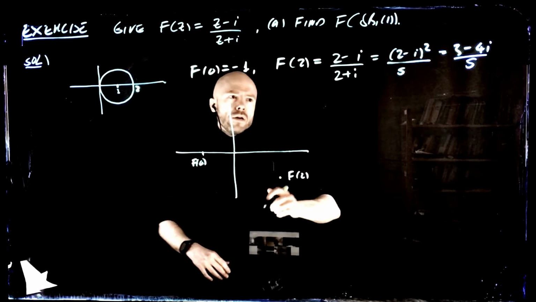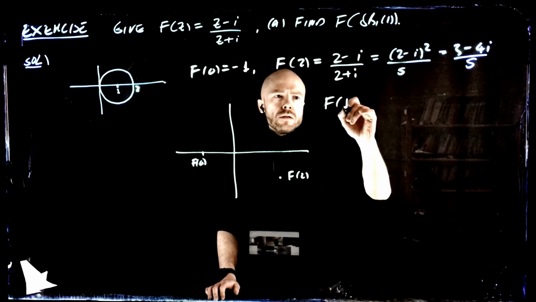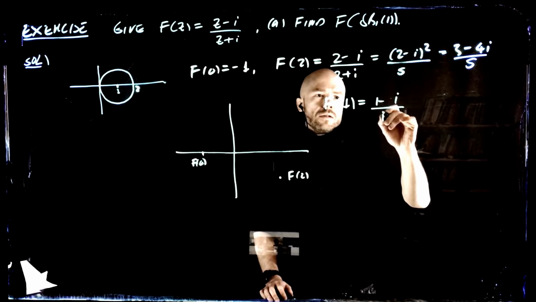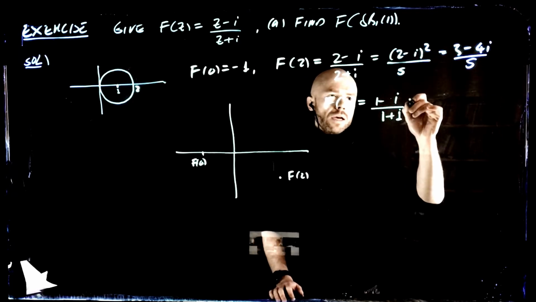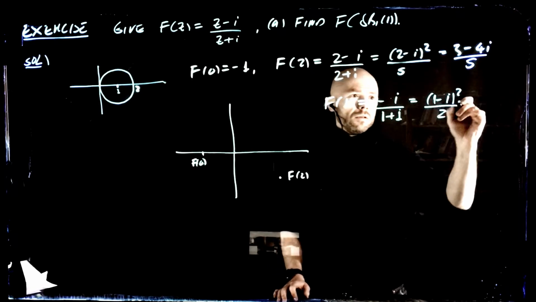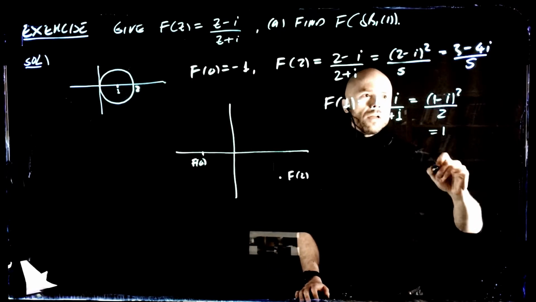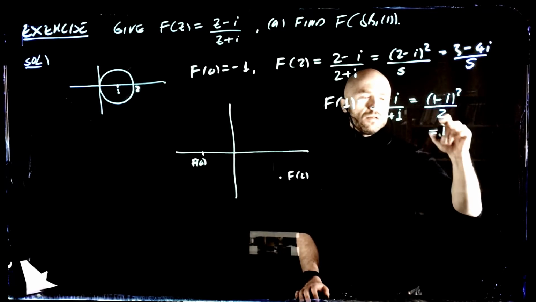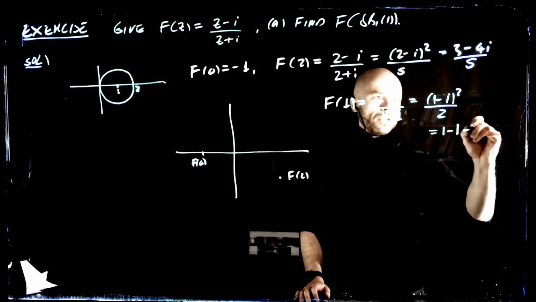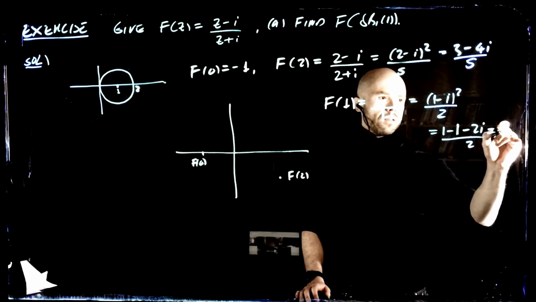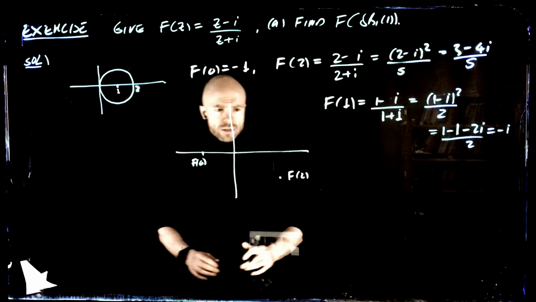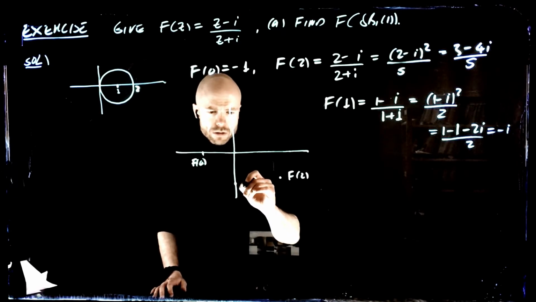So f of 1 is 1 minus I over 1 plus I, right? And that's the same as 1 minus I squared over 2, which is the same as 1 minus 2I minus 1, oops, so that's minus 2I over 2, so that's minus I. So f of 1 is minus I, which is here.